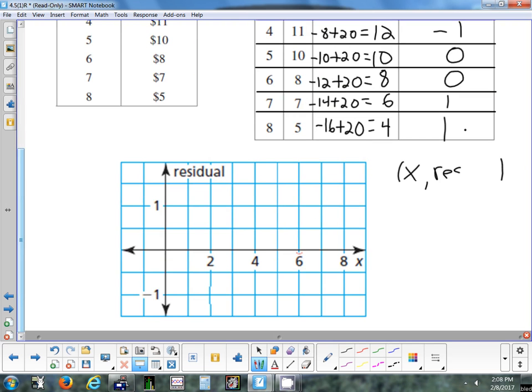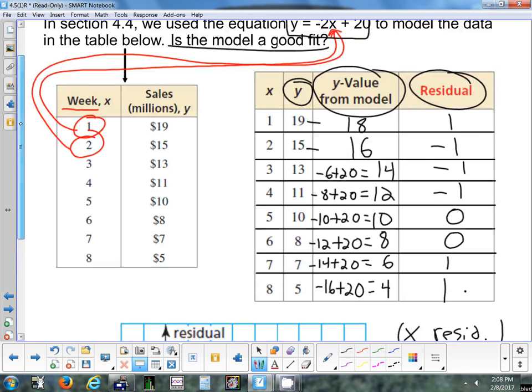X, comma, residual. Okay, so let's scroll up. If I highlight what you guys are looking at, you're graphing X, comma, residual. What I just highlighted in yellow.